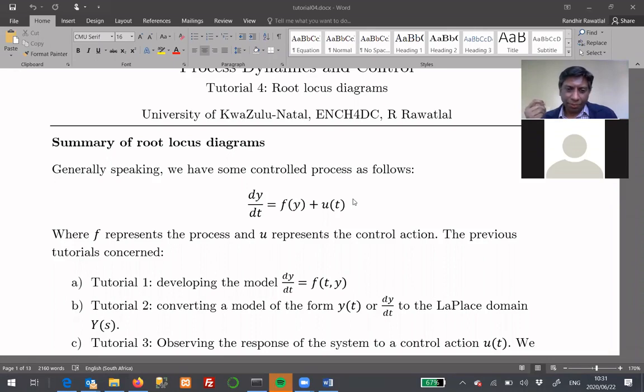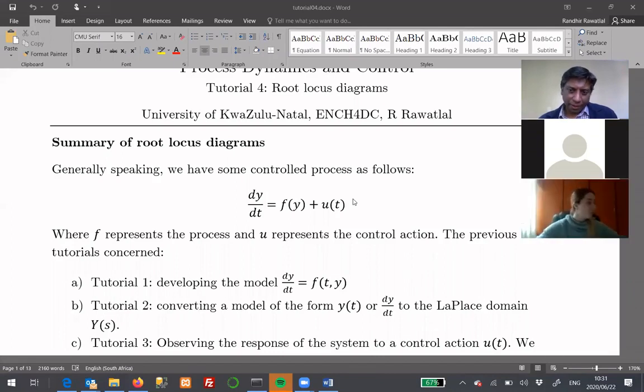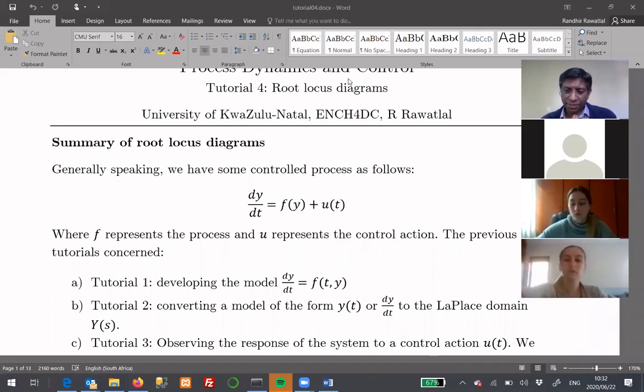And I think we made the point before that in chemical engineering, that's how we apply all our controls, right? We have some flow rate to our system, so it's an inlet flow rate, or it's generally with inlet flow rates that we control our processes in chemical engineering.